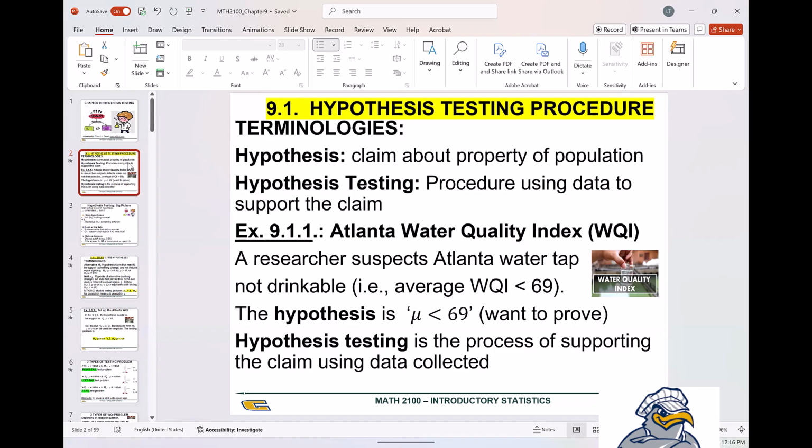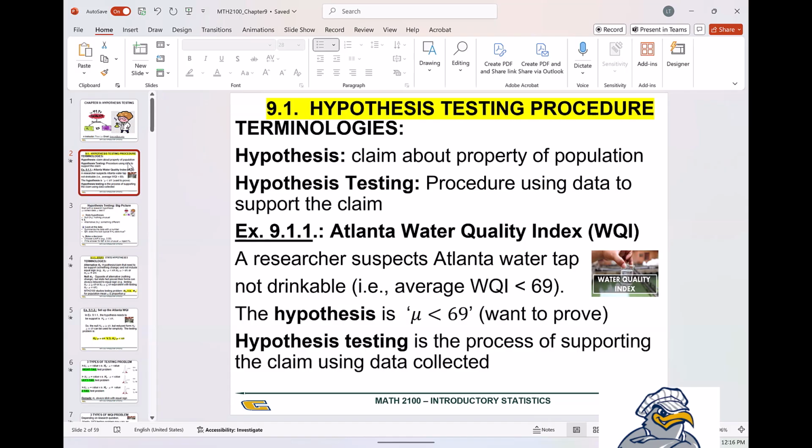So in example 9.11 here, we talk about the Atlanta Water Quality Index, WQI in short. In this case, a researcher suspects that Atlanta tap water is not drinkable. So say he walks around the region and tastes the water and he suspects that, right?